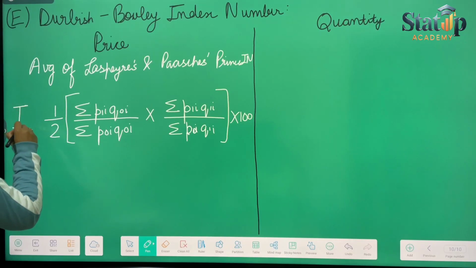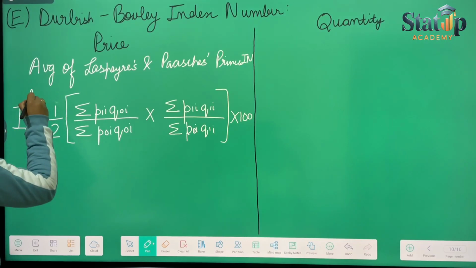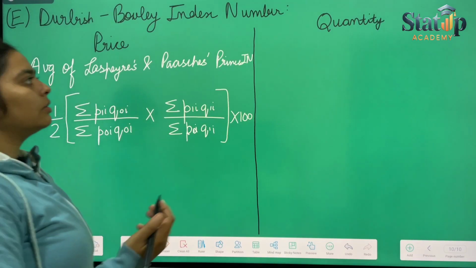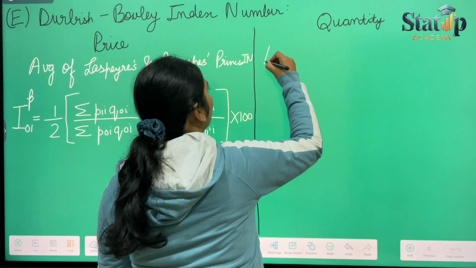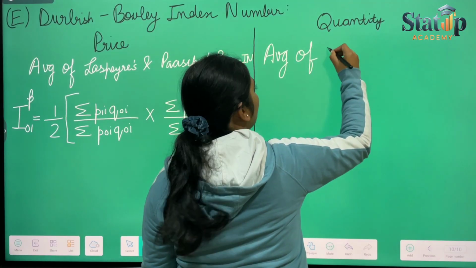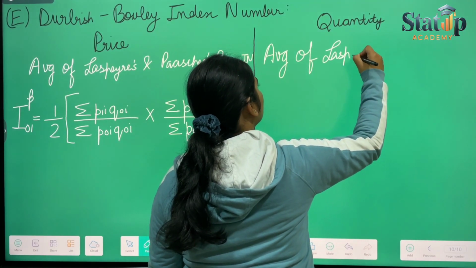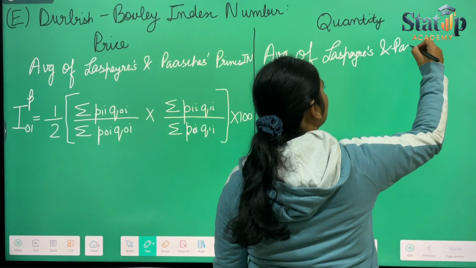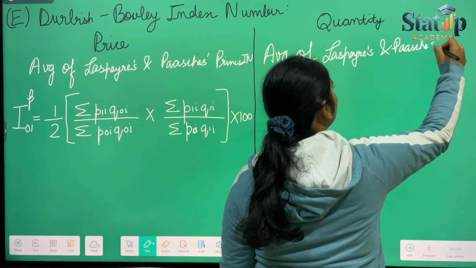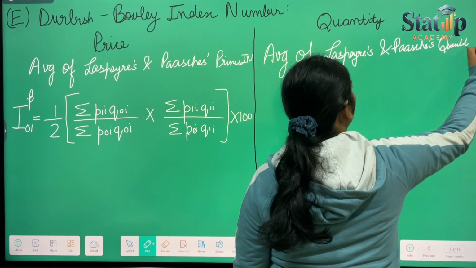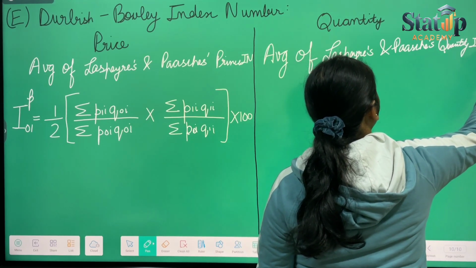So this is our price index number of Drobisch-Bowley. And for the quantity index number of Drobisch-Bowley, it is the average of Laspeyres' and Paasche's quantity index number.